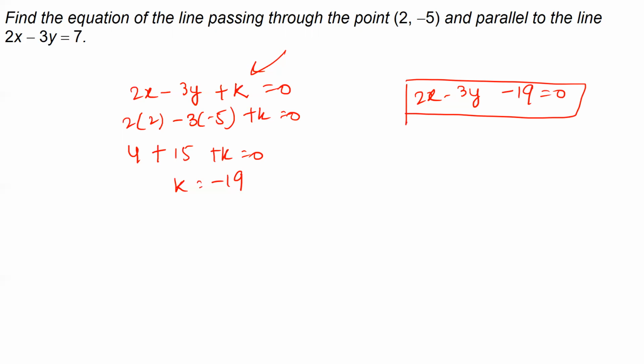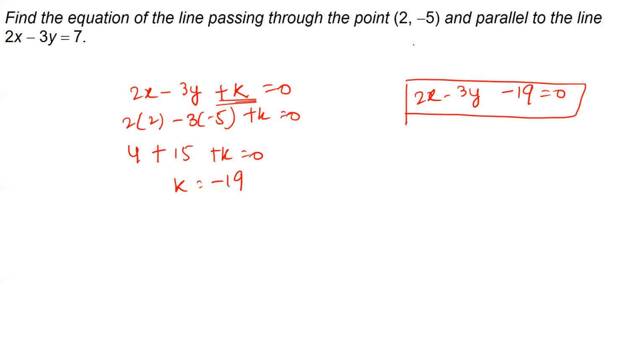So always remember, whenever you are asked to find out a line which is parallel to some line, always take the same coefficients and then plus k is equal to 0. This k will have to be determined based on the condition. The question will always give you one condition using which you can find out this value of k.